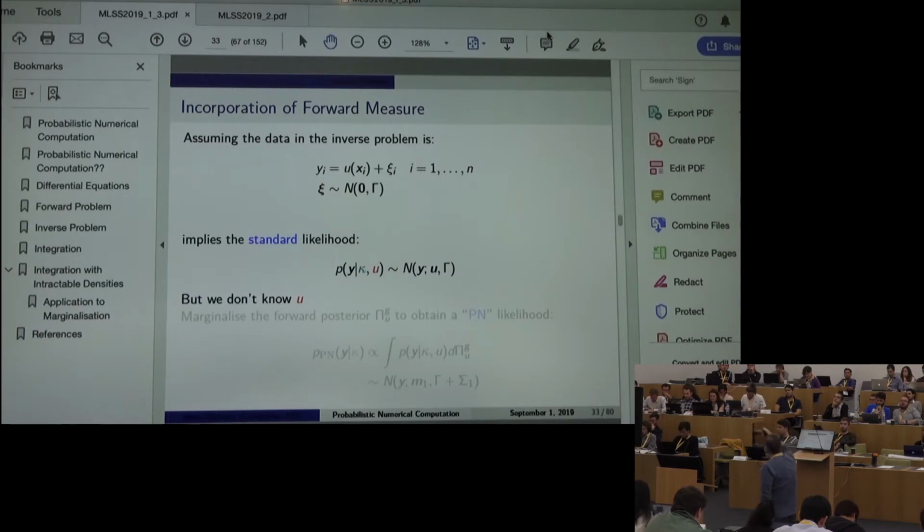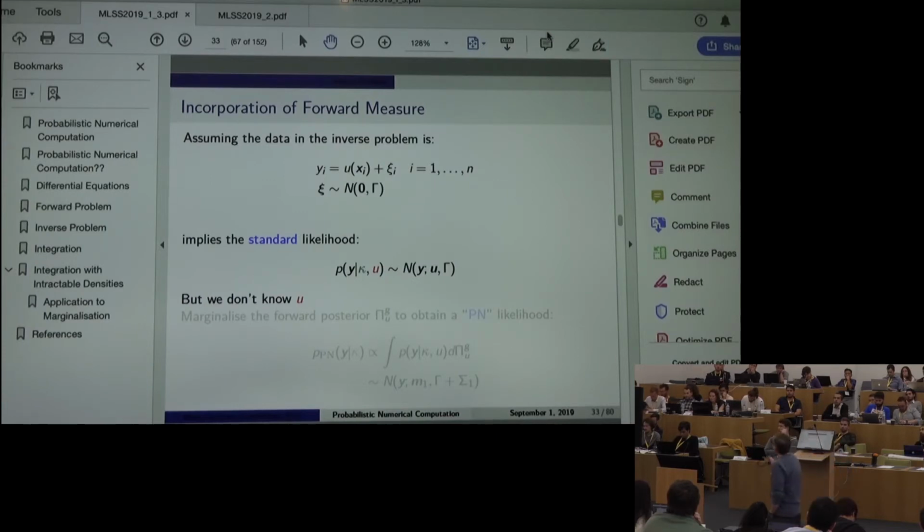Now, if we took a deterministic approach, we would say, well, we've numerically solved our PDE, and so we have a solution U, so we will plug that value in, and we will ignore, I mean, it's difficult to know how you would convert a bound and an error into a probability without being ad hoc.